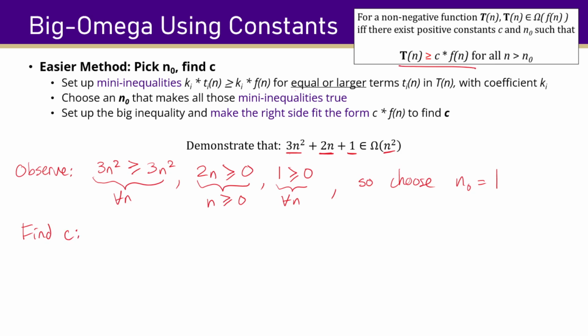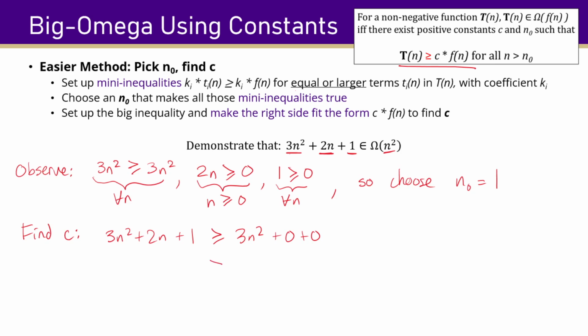So we'll set up this big inequality again. 3n squared plus 2n plus 1 is always going to be greater than 3n squared plus 0 plus 0. Basically, we've dropped all of the lower order terms.